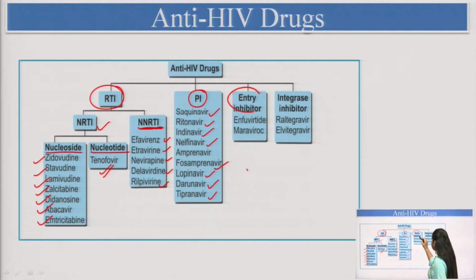Now, entry inhibitors. So, in the very beginning I told you there are two drugs which inhibit the fusion of the virus to the T cell. So, enfuvirtide and maraviroc. Then integrase inhibitors, there is one step where the viral DNA is fusing with the human DNA. So, drugs like raltegravir and elvitegravir, these are inhibiting the integrase enzyme.